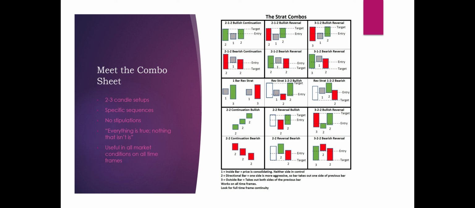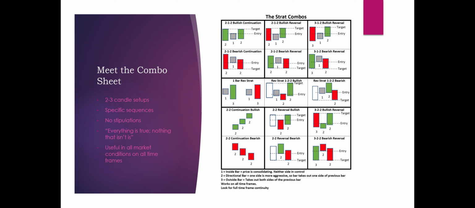Basically, you're looking for 2 to 3 candle setups that'll help you hone in on validating what your trade should be, right? And you're looking for very specific sequences within the strat in order to justify taking a position with certain high confidence. Again, there are no stipulations in this. It's based entirely upon universal truths, and it's always useful in every market condition all the time, right?